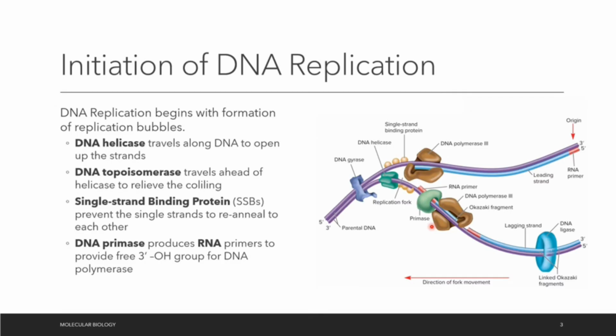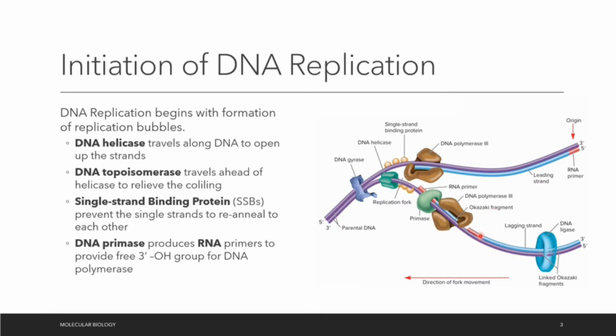And lastly, we have DNA primase, which generates these RNA primers that you see in these pictures. These RNA primers are useful because they provide the 3' OH group for DNA polymerase to add new nucleotides to. After the RNA primers have been used, they are degraded by other DNA polymerases, and this part is then replaced by DNA.